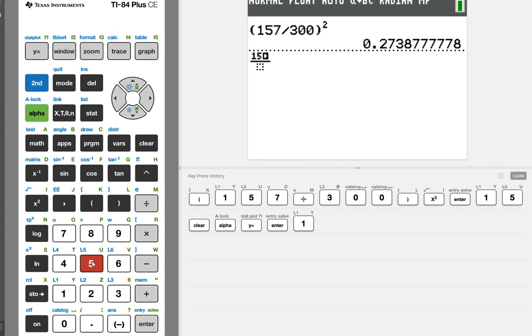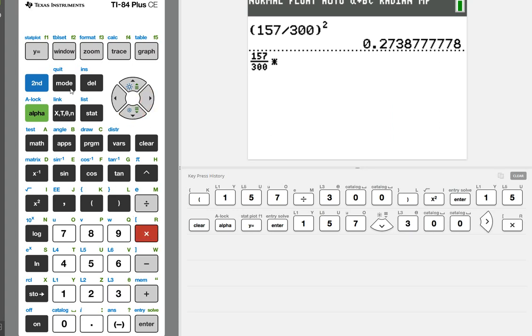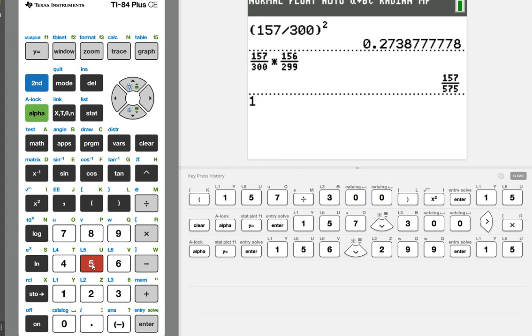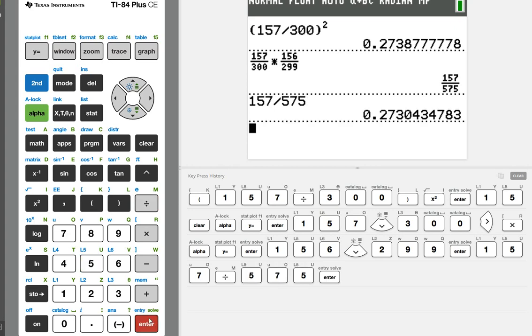So I'll do 157 divided by 300, and then times, I'll do this again, alpha y equals, first option there, 156 divided by 299, and bam. So it actually gives me a fraction there. If I wanted a decimal value, 157 divided by 575.